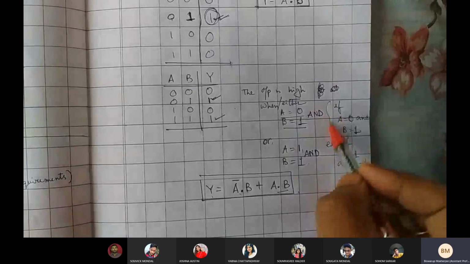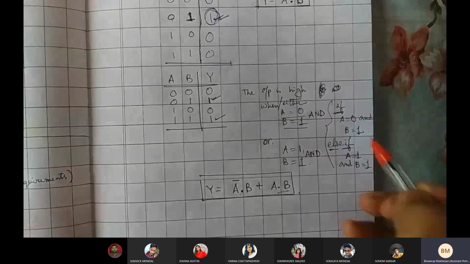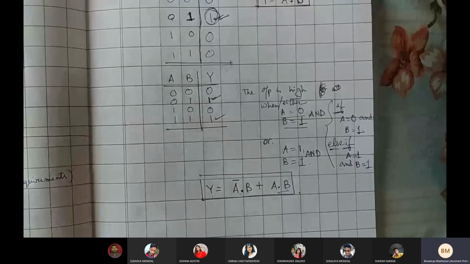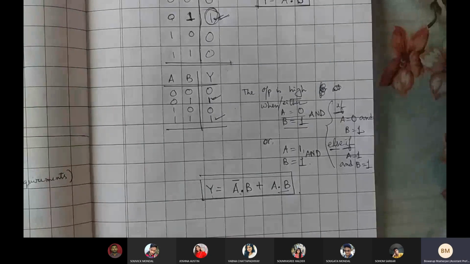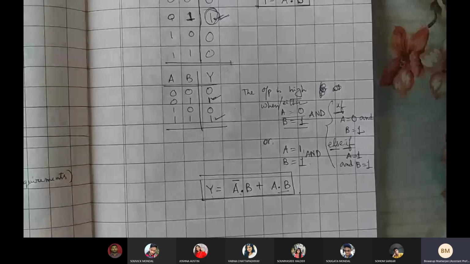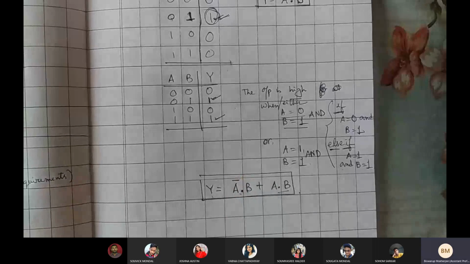So this is the logic. And if there are statements like if and else if, that means either this is possible or that is also possible. So as we know, for either case, there is an OR operation between these product terms.